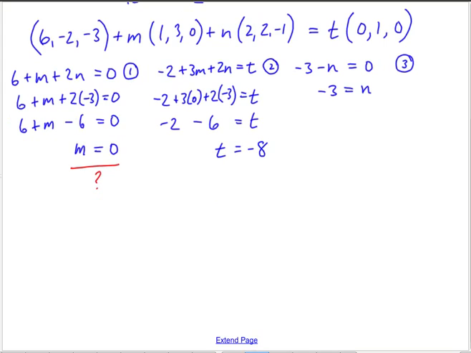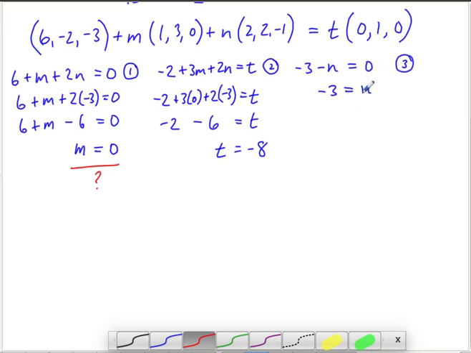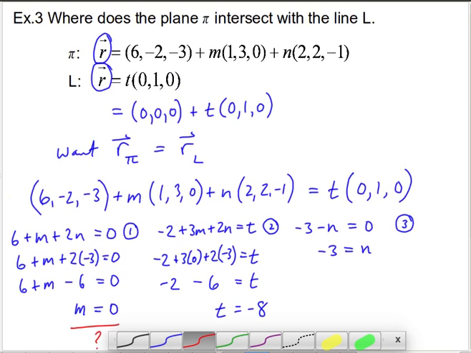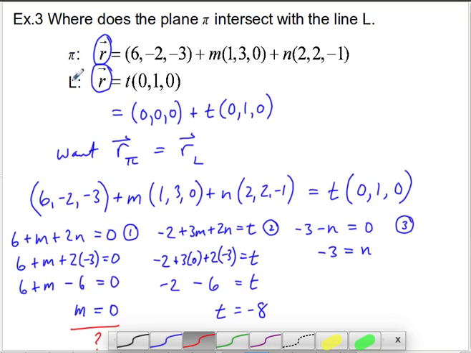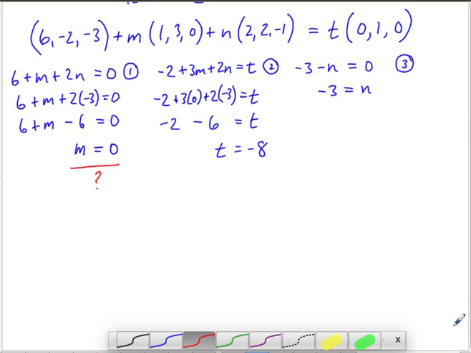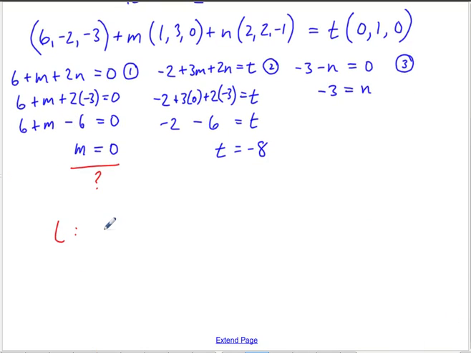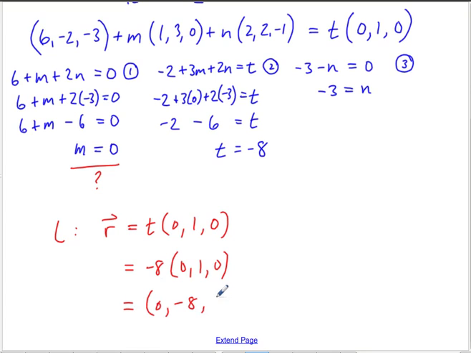That's a specific point. So now that I know my values for m, t, and n, I can sub that into my plane equation or my line equation, but my line equation is so much easier. Since my line equation is just r equals t times 0, 1, 0, that's equal to -8 times 0, 1, 0, which is 0, -8, 0.